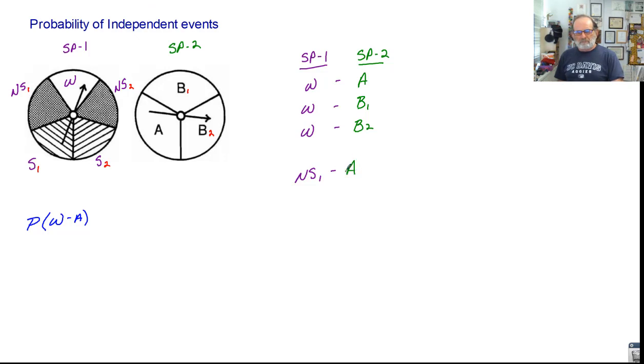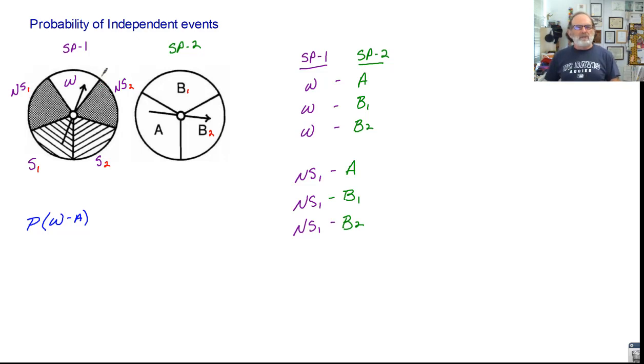Well, it could land on A. It's also possible that for non-striped section 1, the second spinner could have landed on B1. And it's possible that it landed in non-striped section 1 on the first spinner and landed in B2 on the second spinner.